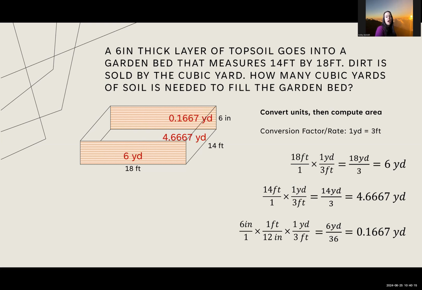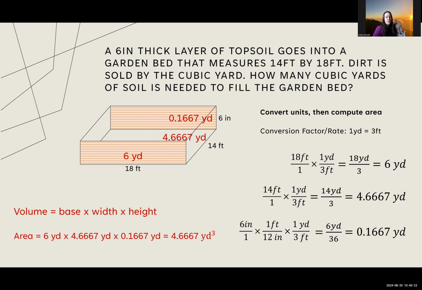So here are our updated converted units. And now we can compute the volume, base, width, and height multiplied together. So I'm going to take 6 times 4.6667 times 0.1667 yards, and that's going to give me 4.6667 cubic yards.